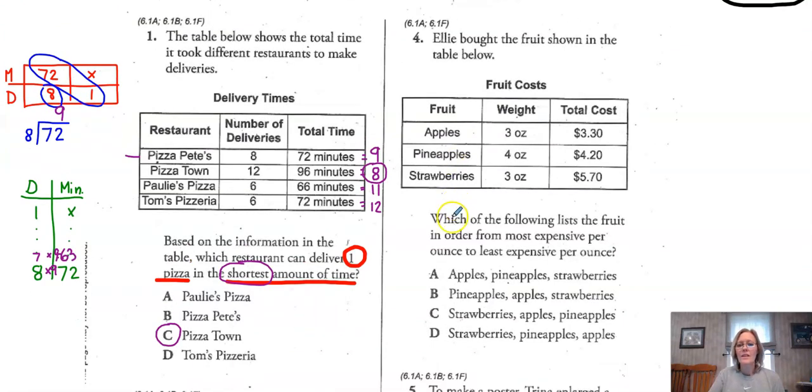So it says, which of the following lists the fruit in order? We want to go in order from most expensive to least expensive. And they're both per ounce, so that's good. See how we're going horizontally.